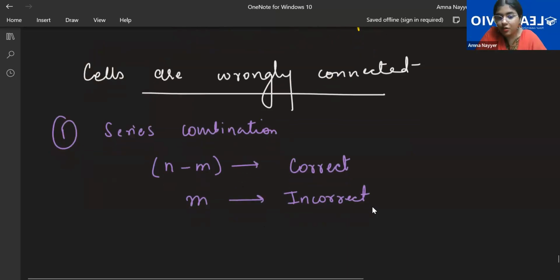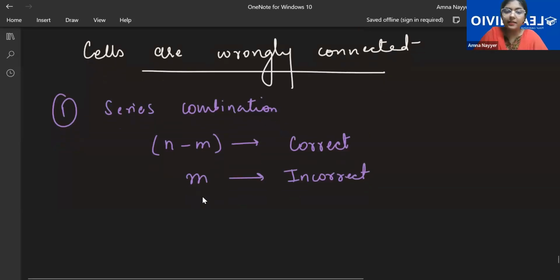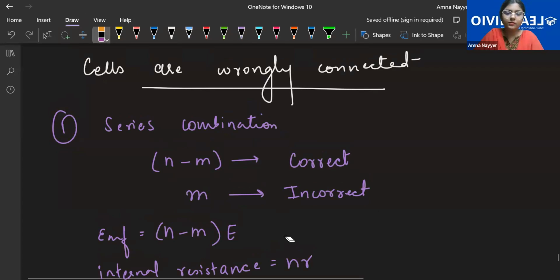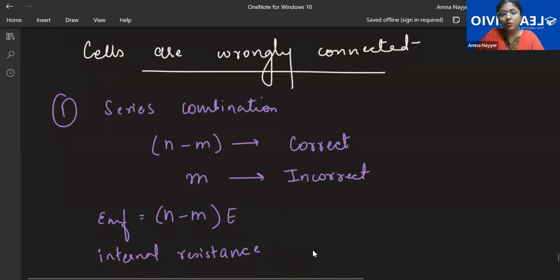So when you have such a combination, the EMF of the cell will be n minus m times E. The EMF will be equal to (n minus m) times E, while the internal resistance will be equal to small n into small r. This will be equal to small n into small r if they are connected wrongly in series combination.